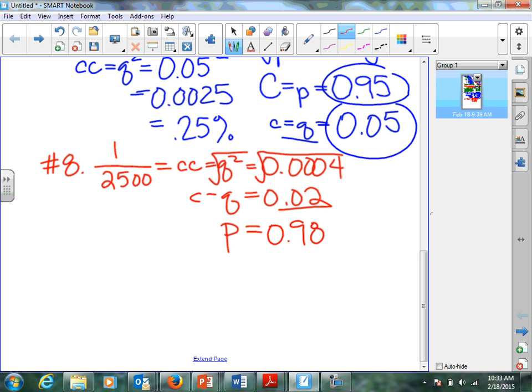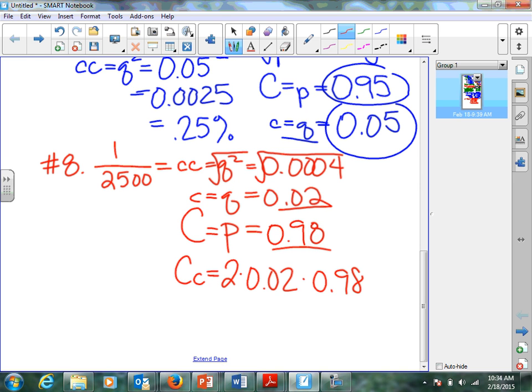So I know that my recessive allele is q, my dominant allele is p, and C asks for the percentage of heterozygous individuals or carriers in the population. And so if I know q and p, I can figure out heterozygotes by taking 2 times 0.02 times 0.98, which gives me 0.04, which is roughly 4% of the population.